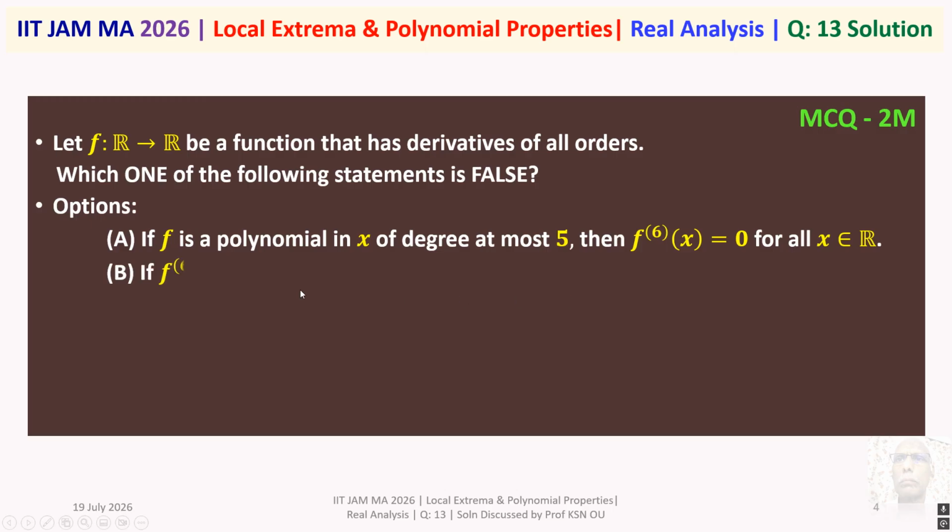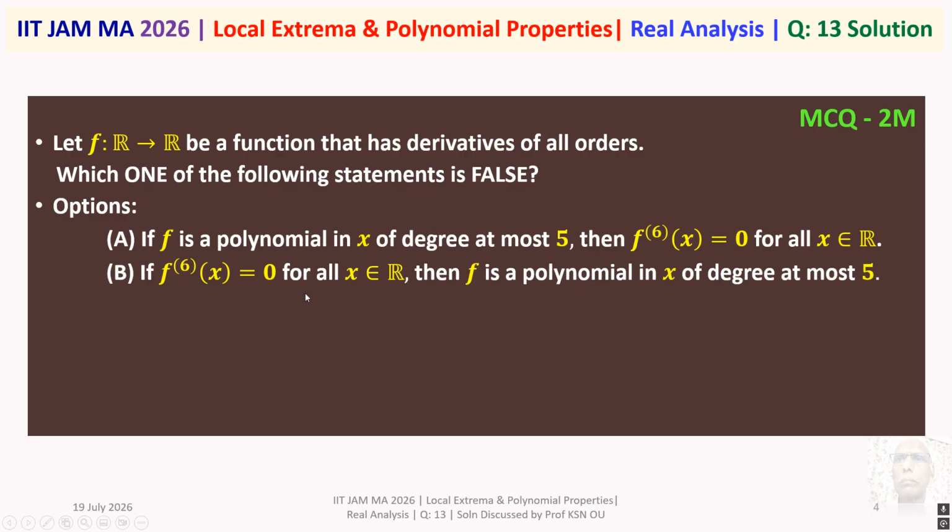Option B: if the sixth derivative of f is 0 for all x belongs to R, then f is a polynomial in x of degree at most 5. It is the converse of the first part. Yes, this is also true. These are simple things. The first is true, second is true, and we have to find out the statement which is false.